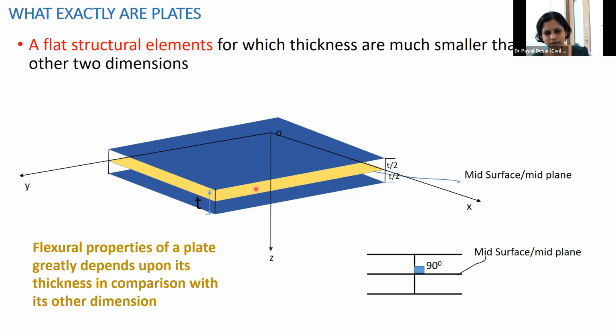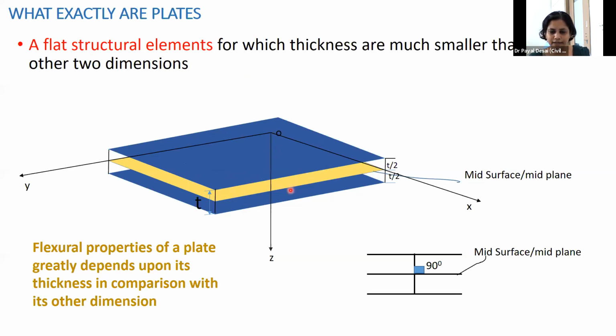Now, what is the significance of this middle surface? It is very similar to a beam, where we analyze only the line, the x-axis, the deflection curve of the beam along the x-axis. So it is important that we first divide the plate into exactly two halves, and this middle surface has significance, and we will later see what kind of significance it has.